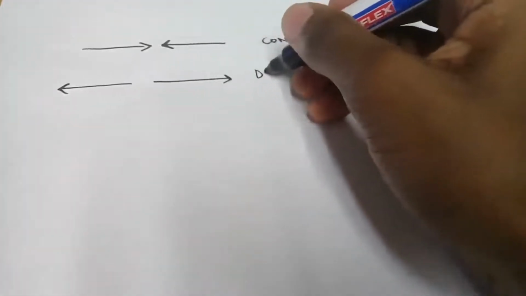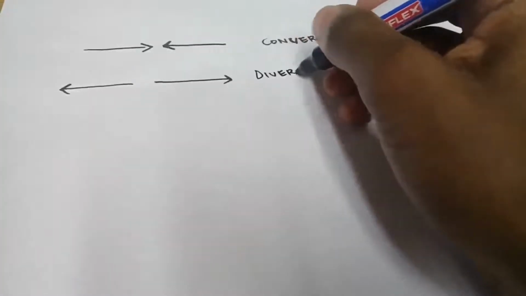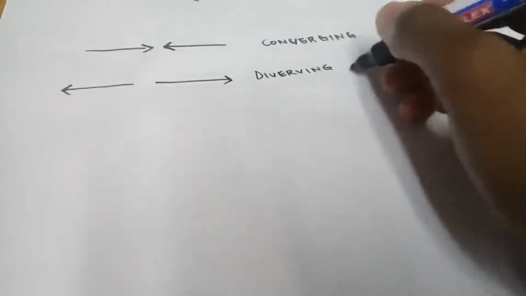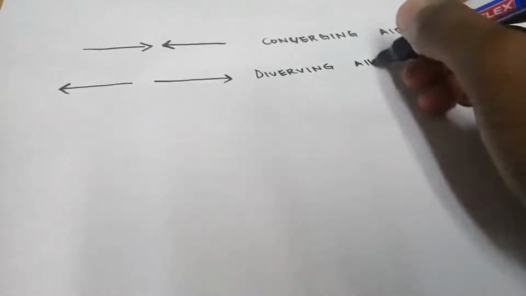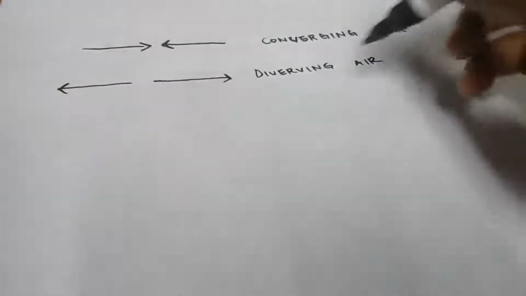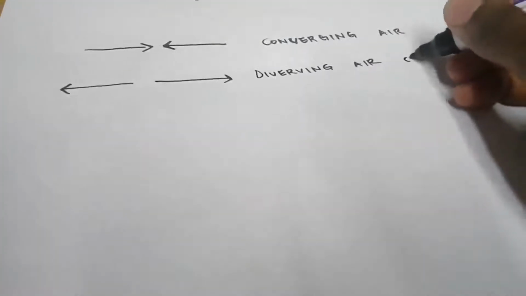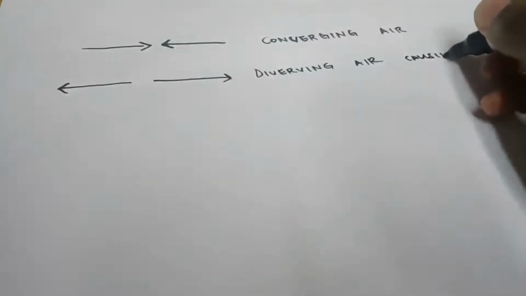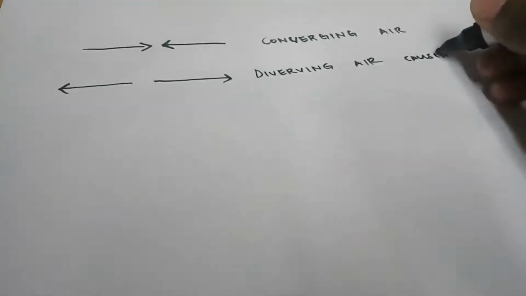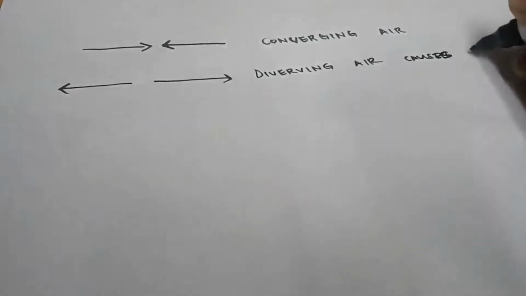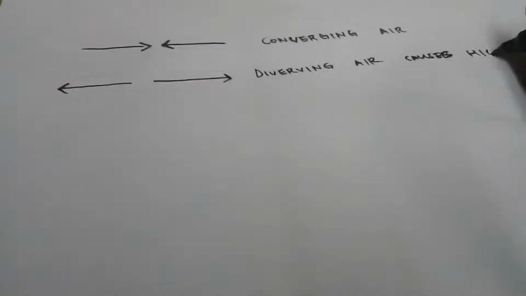This is diverging air, or diverging wind. So you can see diverging air causes high pressure.